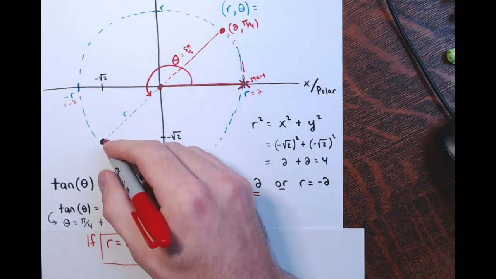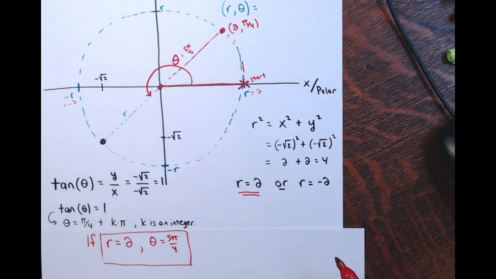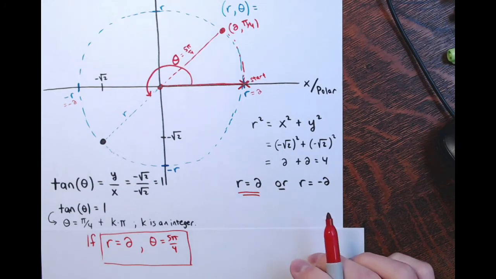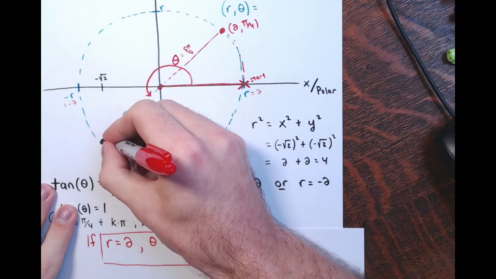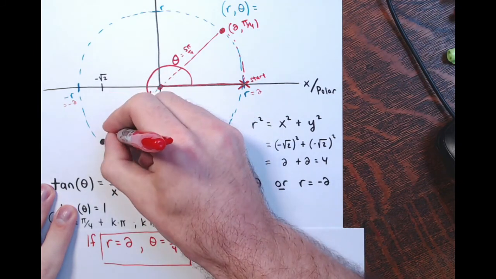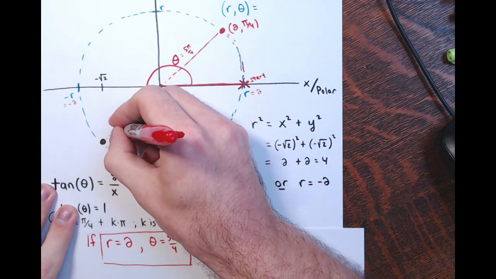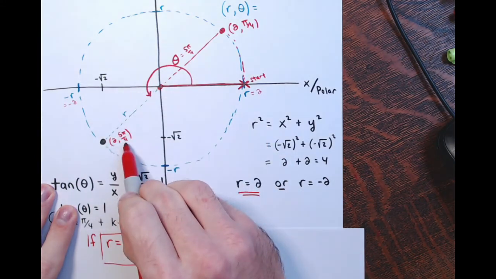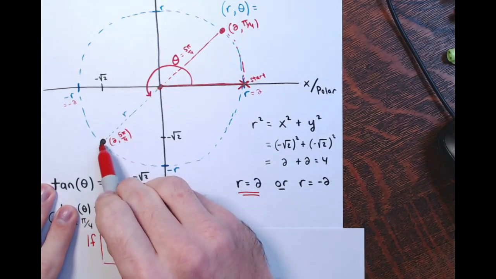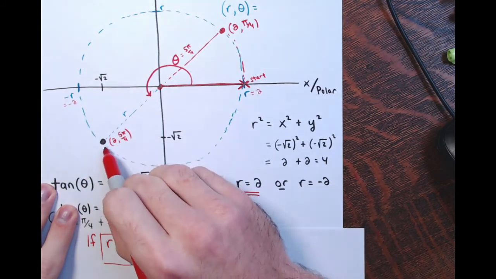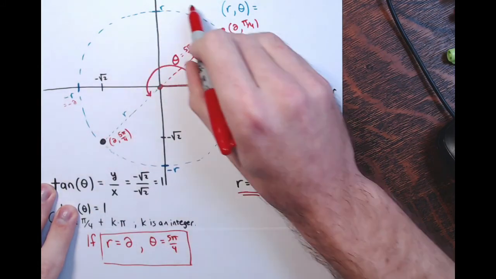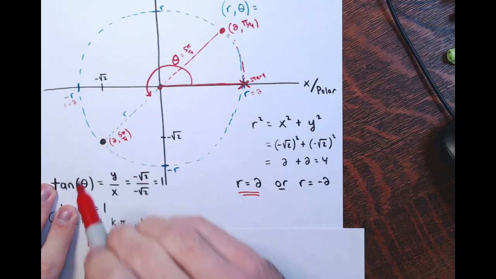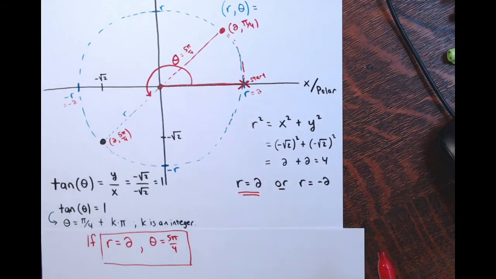It gets me to that point when r equals positive 2. So this point here has the coordinates 2 for r, and then 5 pi over 4 for theta. Or you could just keep adding 2 pi to this. Remember, if you take 5 pi over 4 and add 2 pi, you're back there again. So that would also work. Or subtract 2 pi, you're back there again. But 5 pi over 4 is fine.